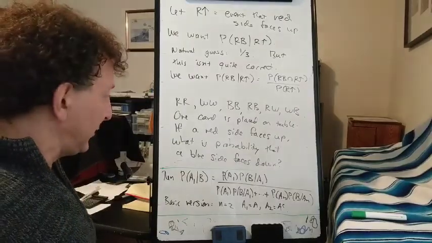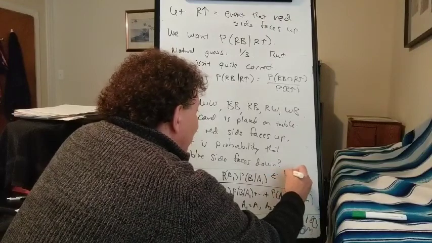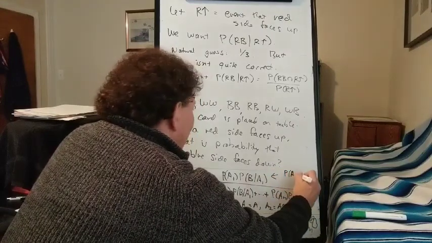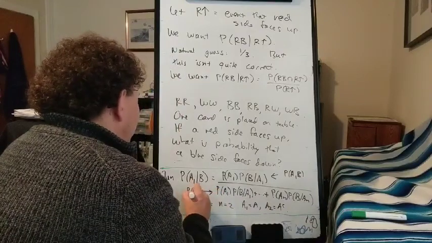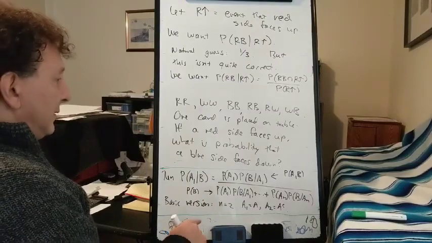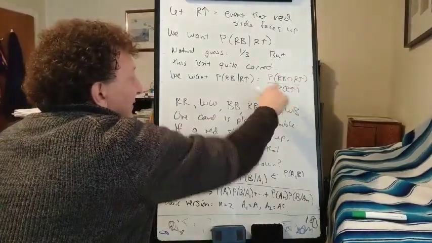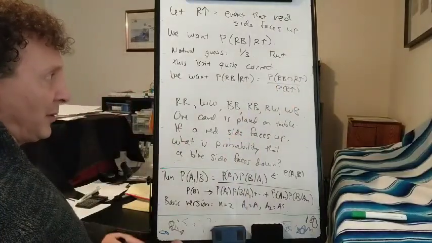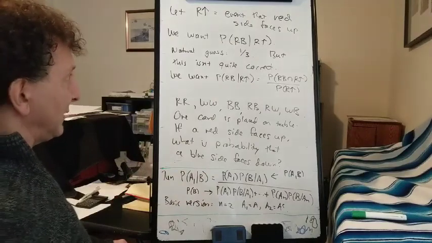Alright, now in Bayes' formula, remember the numerator really is the probability of A1 and B, and the denominator is the probability of B. So here we've got RB and R up. Let's separate the probability of B, the probability of the red side facing up, into all the possibilities.